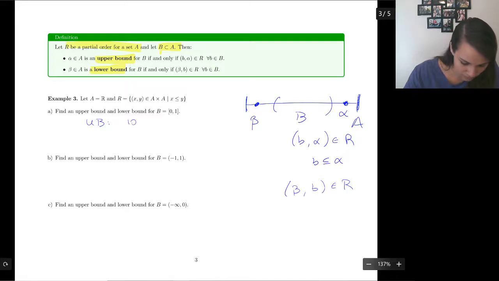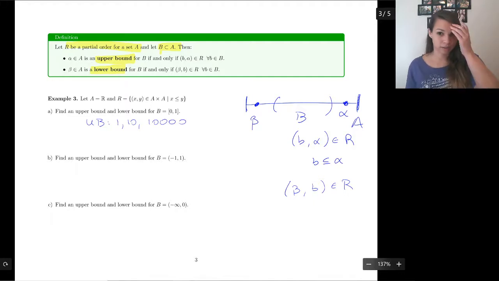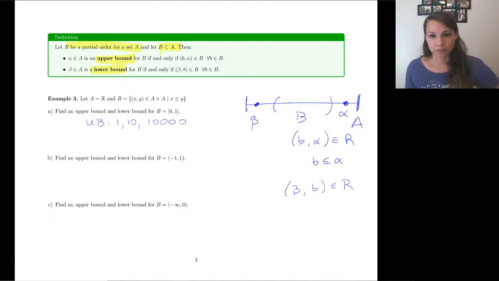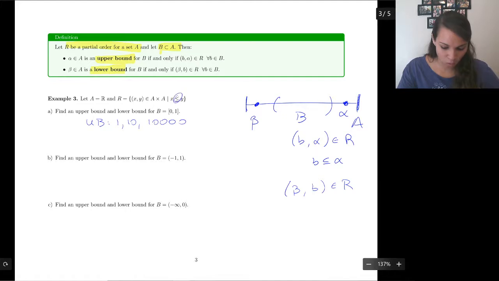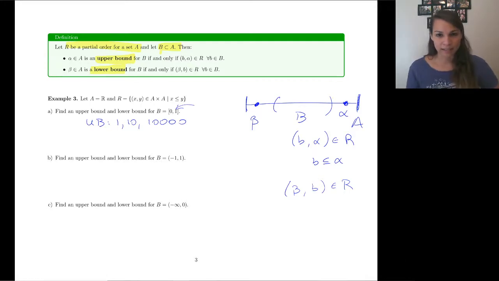So like 10, a million, and even 1 works because I said less than or equal to, and all of the other elements in this interval are less than or equal to 1. So 1 is in B, but it is also an upper bound for B. Totally okay.